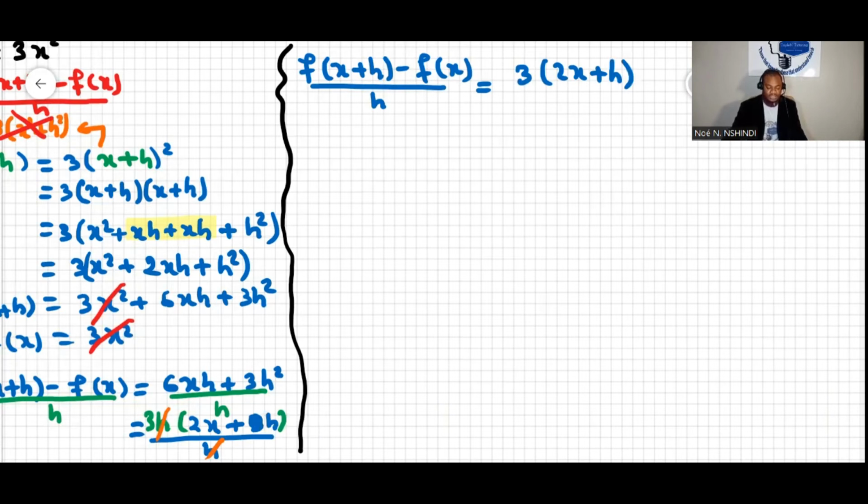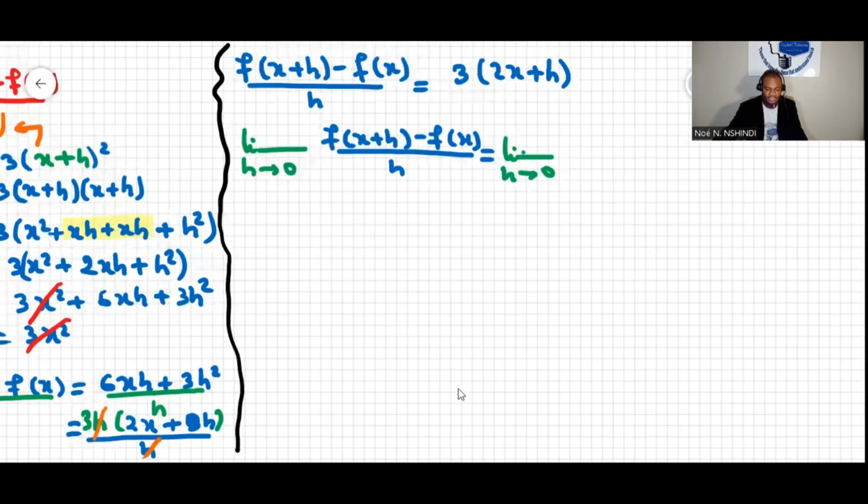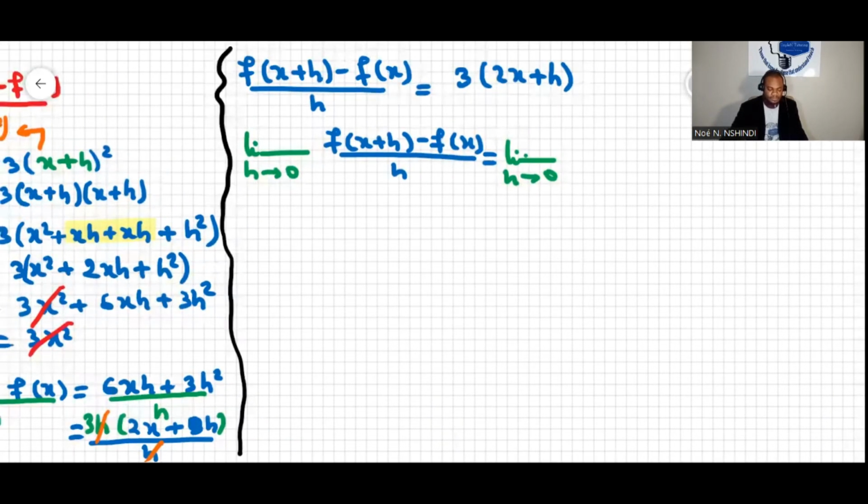Now this is the time we can introduce the limit as h approaches 0 of f of x plus h minus f of x all over h. This will be equal to still the limit as h approaches 0 of 3 open brackets 2x plus h.